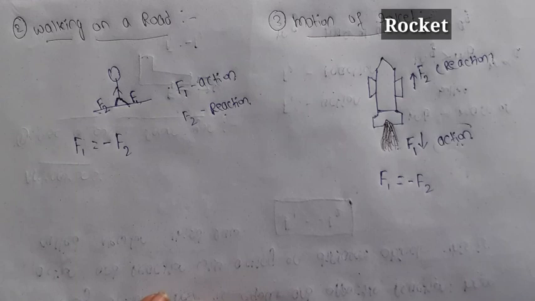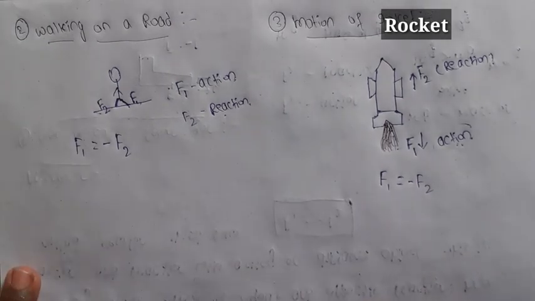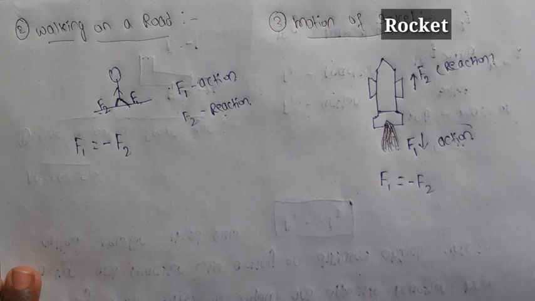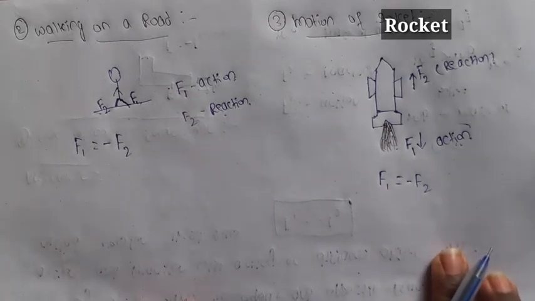So what are we understanding? In nature, for every action there is an equal and opposite reaction, that is called Newton's third law. F1 equal to minus F2. This is all about Newton's third law with applications.